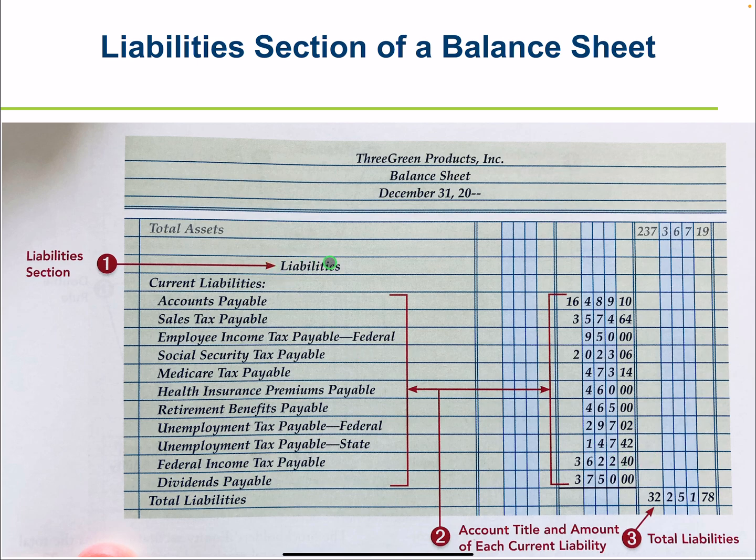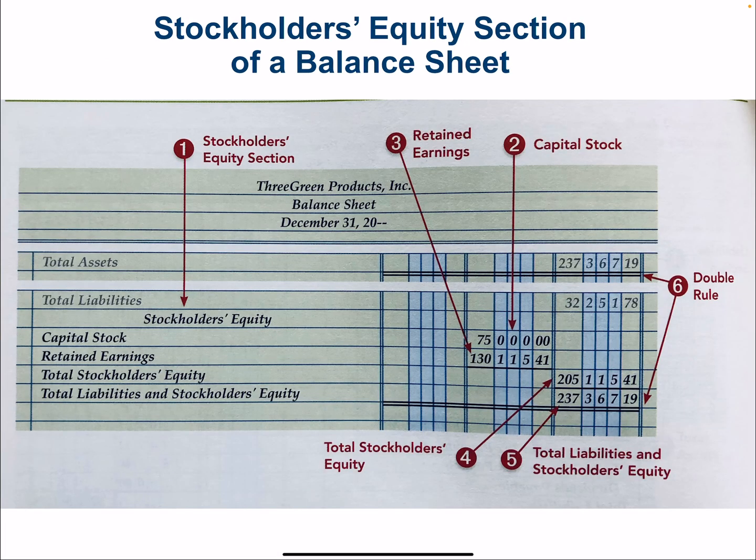We'll center that heading. Our current liabilities, we will list all of our current liabilities and their balance from our adjusted trial balance. After that, we will draw a single line and we will have our total liabilities down there. In this example, 3 Green does not have any long-term liabilities.